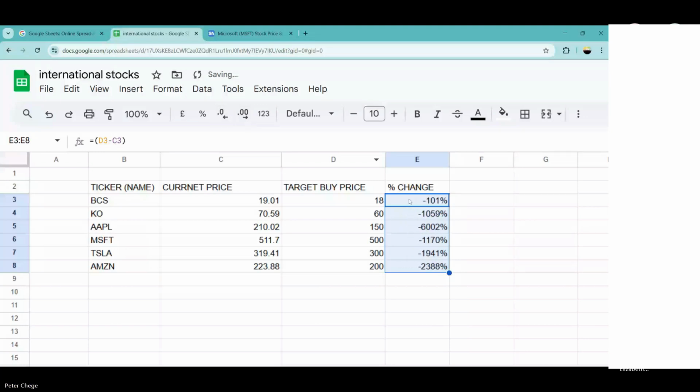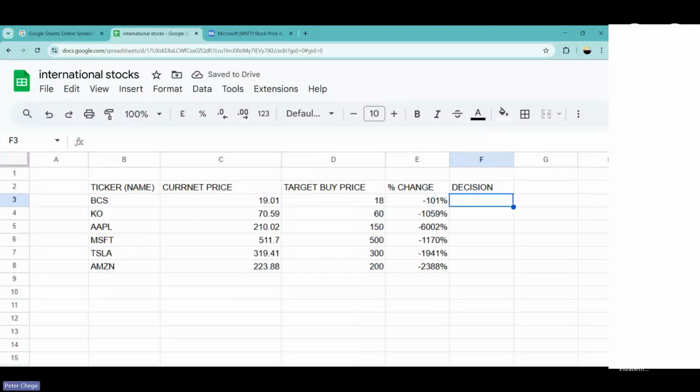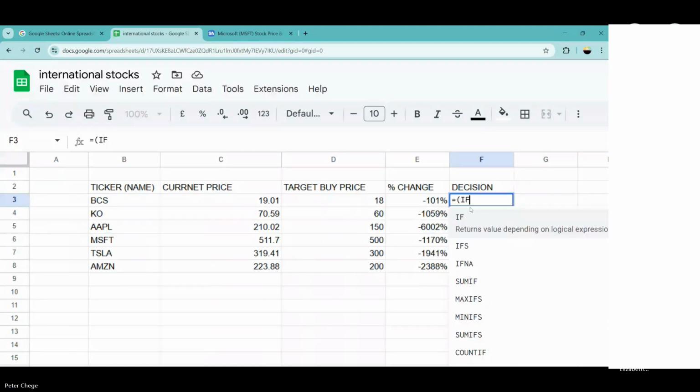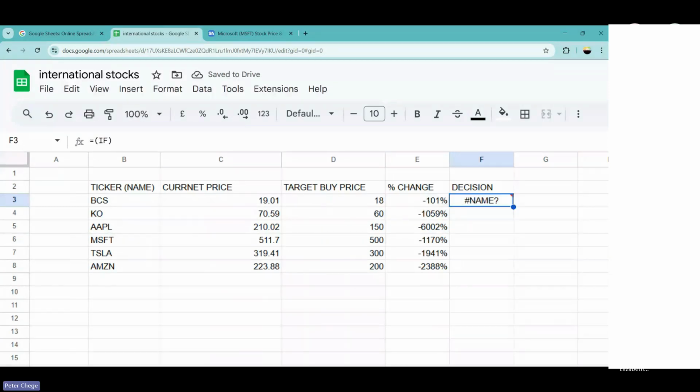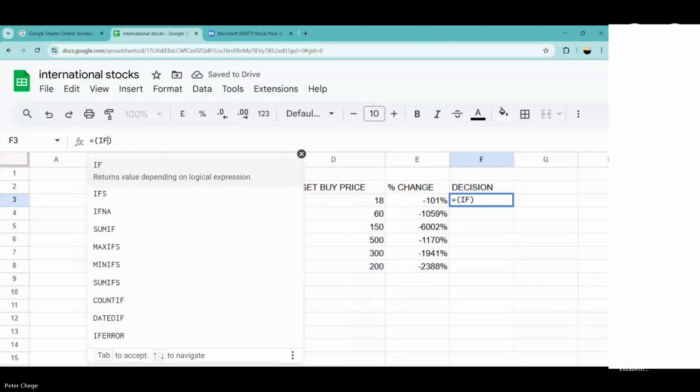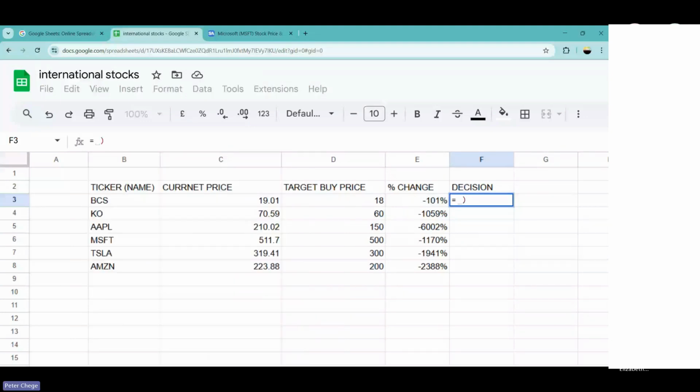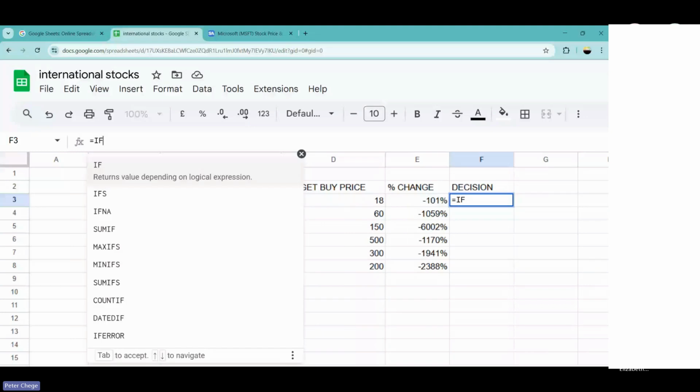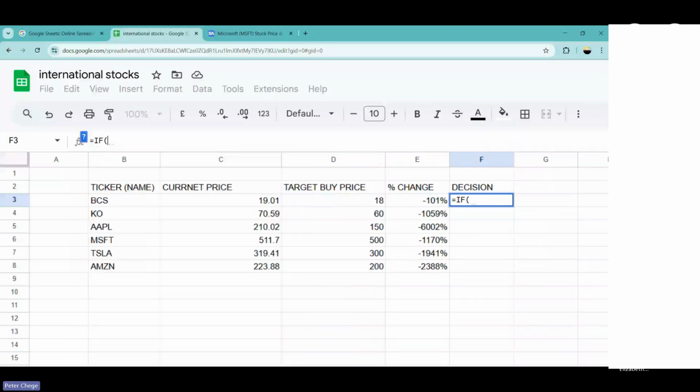So then here is the decision. Again, Excel formula, equals, bracket, if this, if, I put the wrong thing, let me delete that. If, bracket, this is less or equal to 0, you tell me it's a buy.